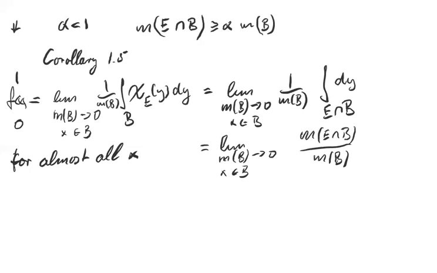Now, I want to say something else about this Lebesgue density thing. Professor, I have one more question. In the definition of the limit, x has to be in the ball. Yeah, it doesn't have to be the center. So x has to be in the ball. In my first example, with the fundamental theorem of calculus, I made it the center.